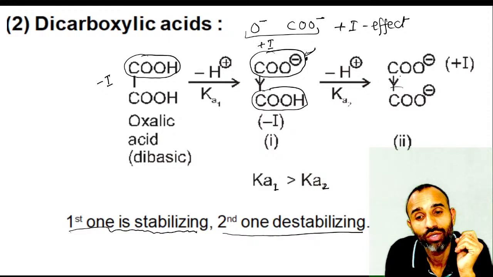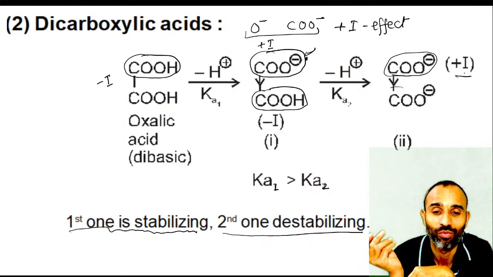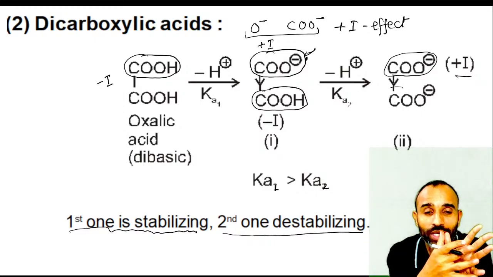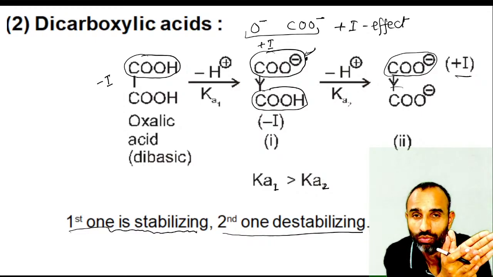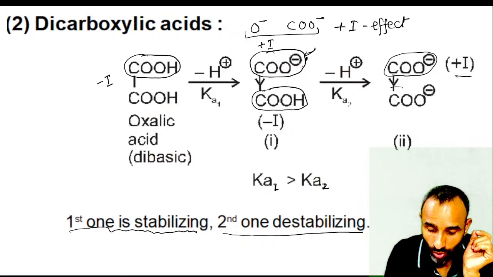Here COO negative both have plus I, but one will release electron towards the other, so it will decrease. You can simply see COOH first and COO negative in the next, because COO negative will affect the removal of this H plus.